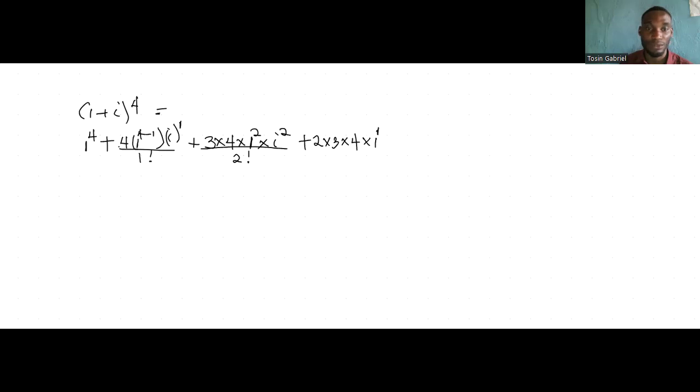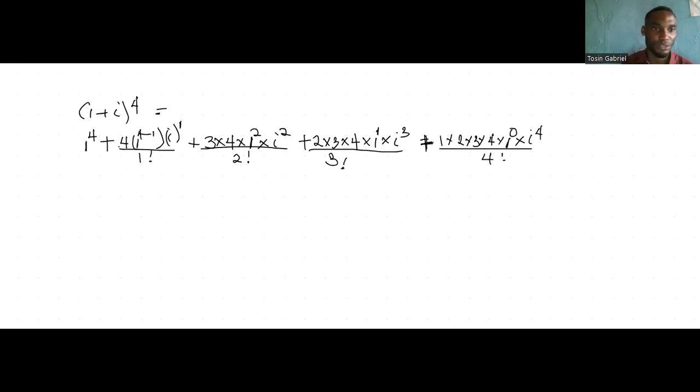You're adding 1 to the power of i, and removing 1 from the power of 1, over 3 factorial. Then finally plus 1 times 2 times 3 times 4, then times 1 raised to the power of 0 multiplied by i raised to the power of 4, divided by 4 factorial.